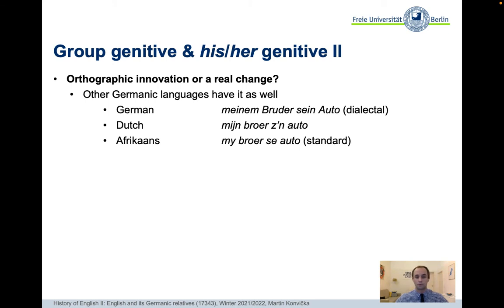My brother his car, meaning the car of my brother. This is also possible in Dutch. Mijn broer zijn auto. Again, my brother his car. And also in Afrikaans, the daughter language of Dutch, right? So mijn broer zijn auto is the standard way of using the genitive in Afrikaans.